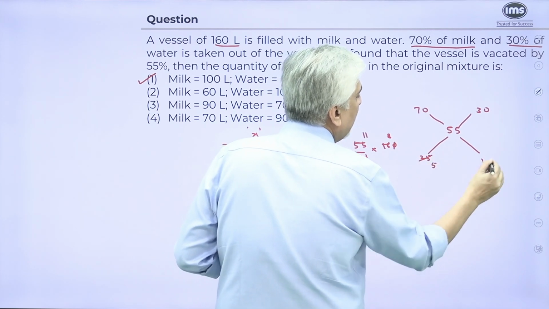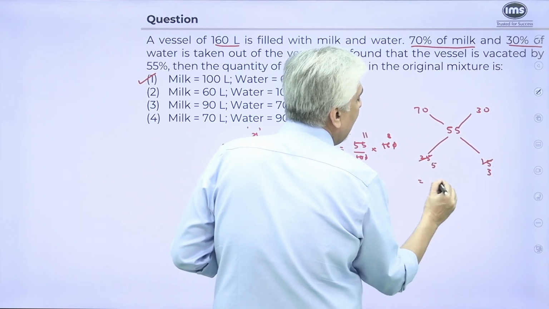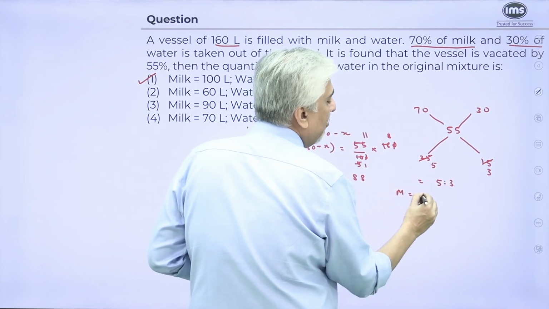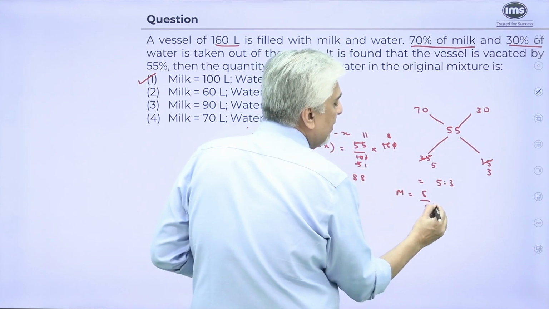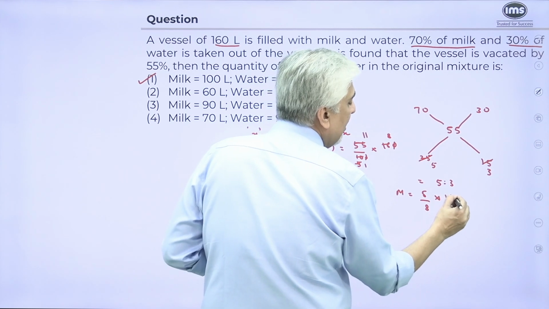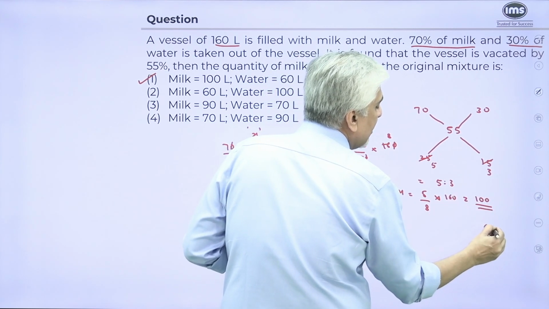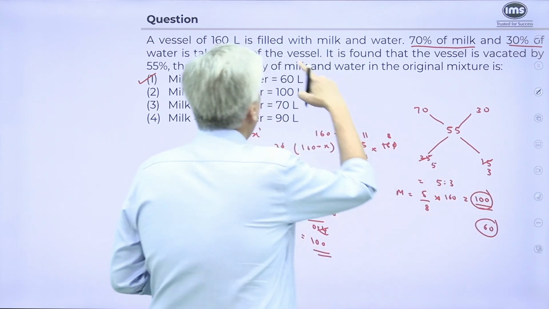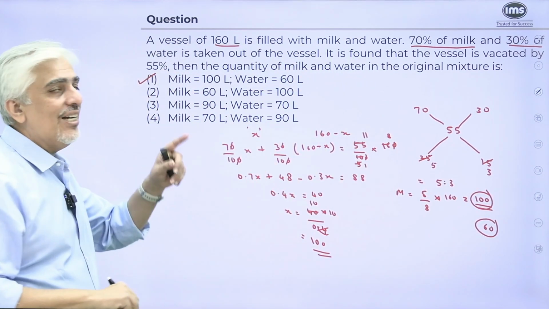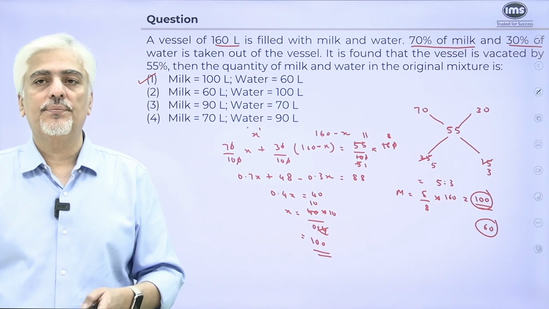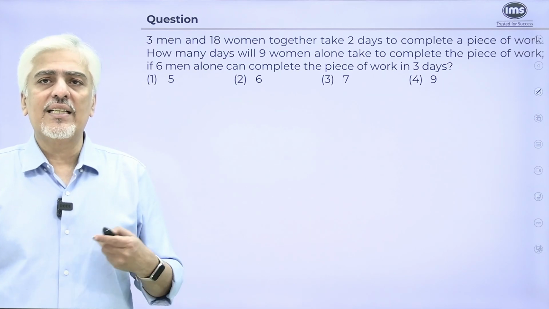So milk and water are in the ratio 5 is to 3. So milk will become 5 by 8 of 160, which will come out to be 100, and therefore water will be 60. So answer will be the first option. Alligation is a much shorter option over here. Let's look at the next question.